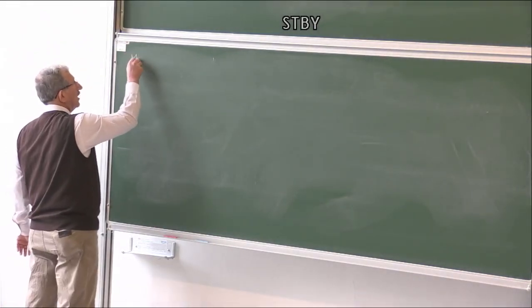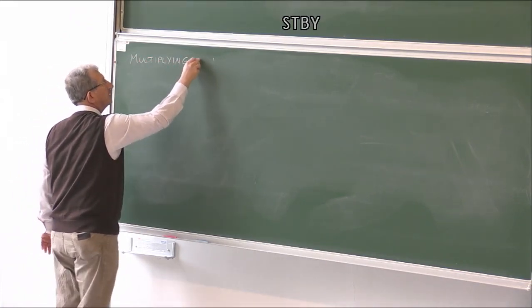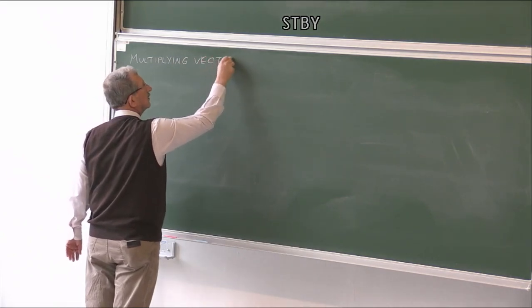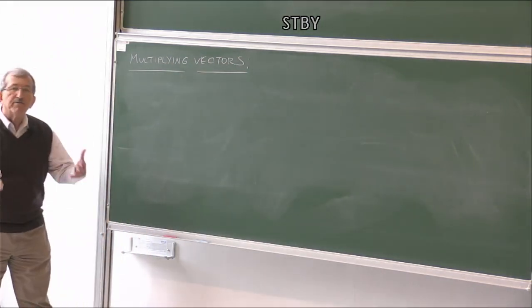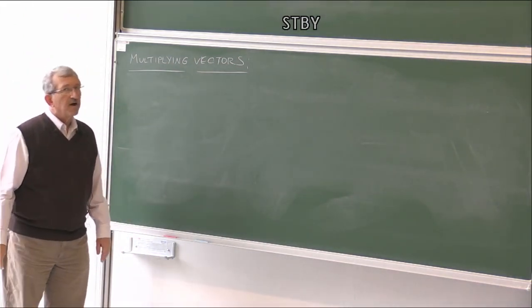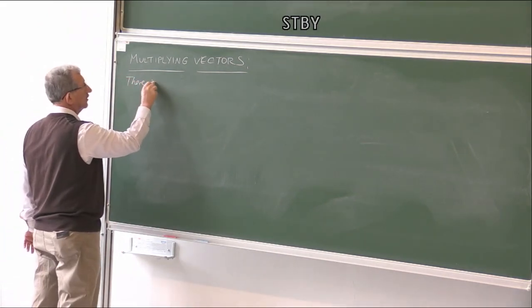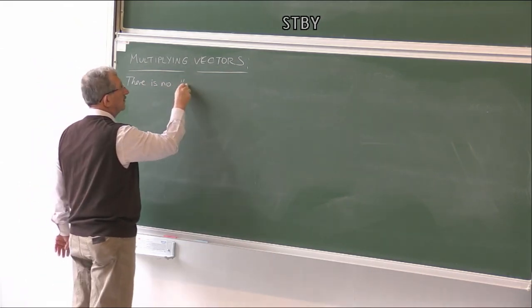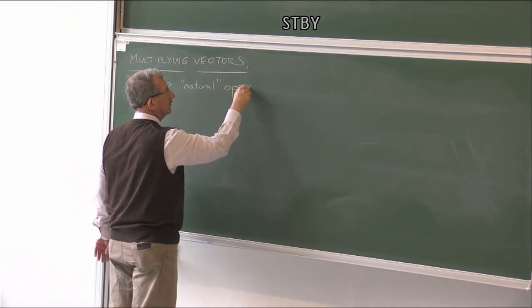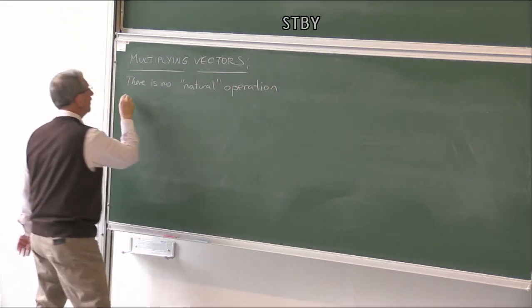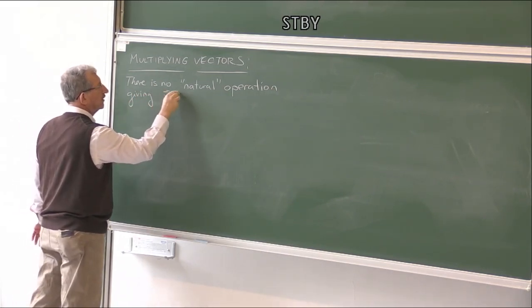Now, multiplying vectors, that means multiplying a vector by another vector, is not defined in the first place. So there is no natural operation giving a product of two vectors.